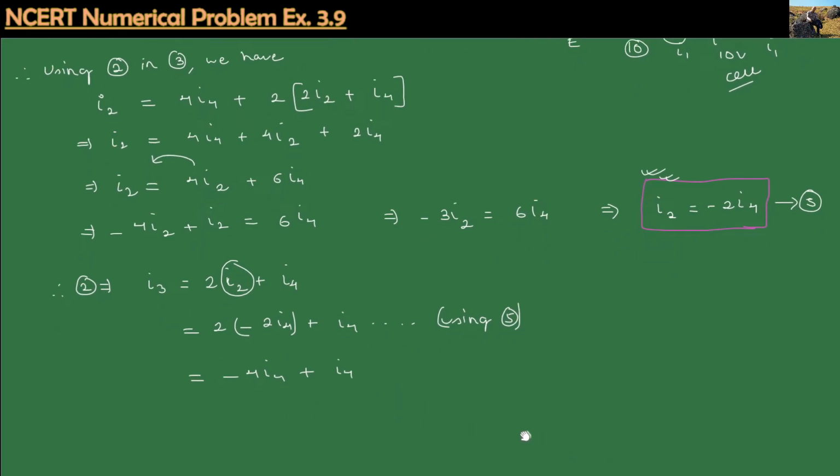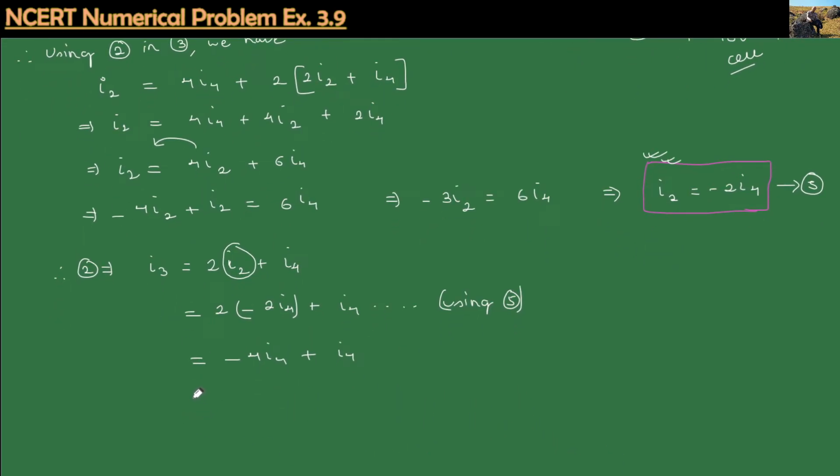That means after solving, we get this value to be equal to 1 minus 3I4. This is the value of I3. So let us mark that as equation number 6.